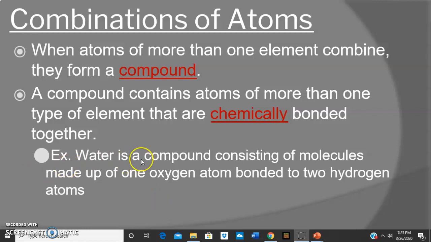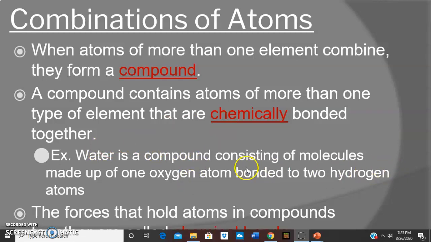Right, so for example, water is a compound made up of one oxygen atom bonded to two hydrogen atoms. So oxygen by itself is an element, hydrogen by itself is an element, but when we combine oxygen and hydrogen, we get water, which is a compound, and the oxygen and the hydrogen are chemically combined.